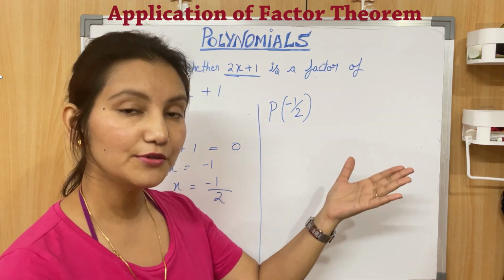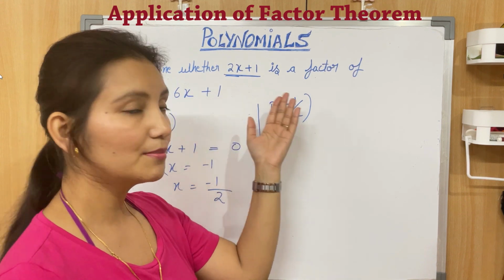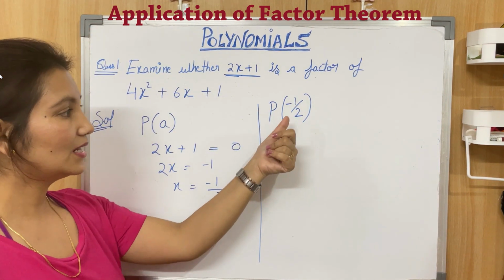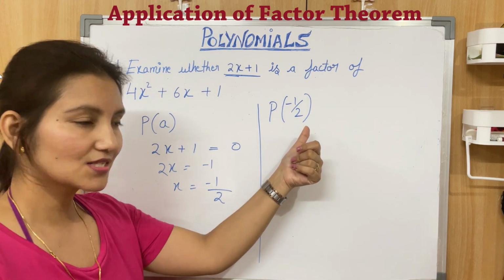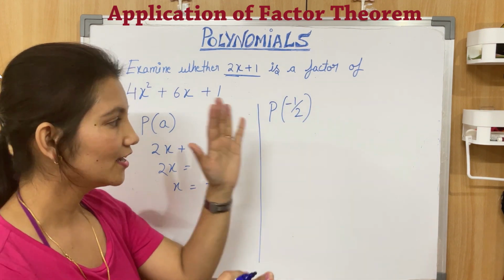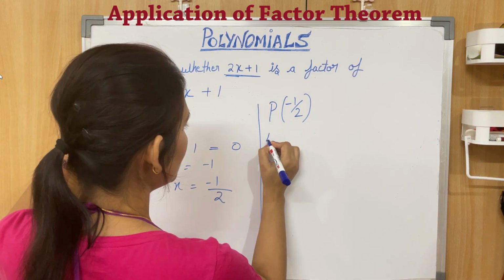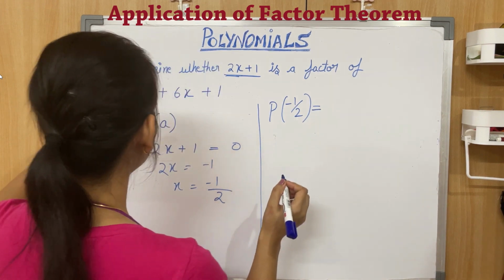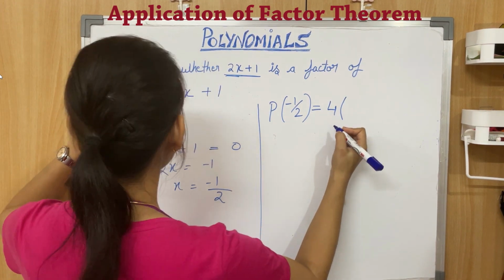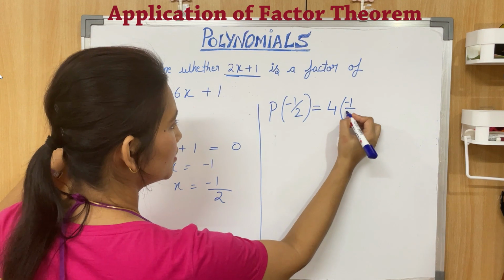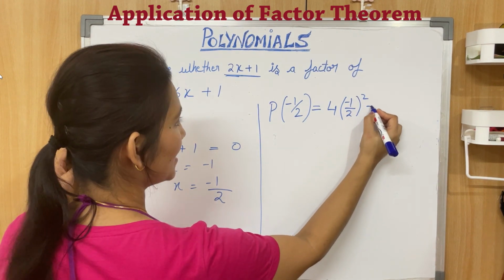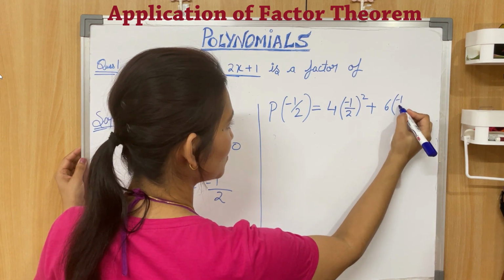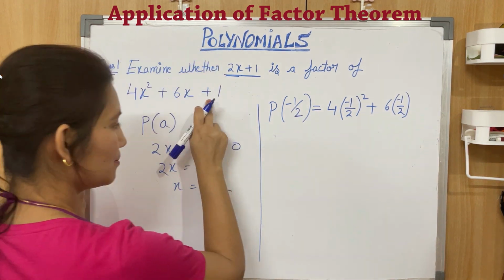P of minus 1 upon 2 means wherever there is x in the polynomial, we'll replace that variable with minus 1 upon 2. So let's do it. It's 4 times minus 1 upon 2 squared, plus 6 times minus 1 upon 2, and again plus 1.